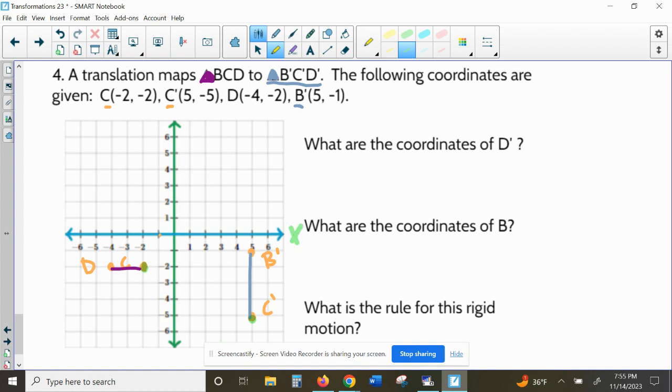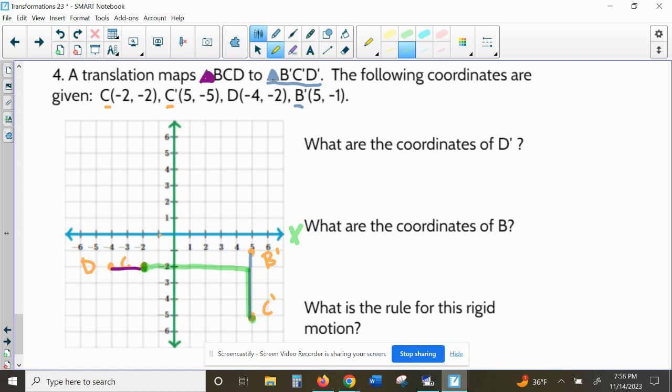Remember, always travel on your x-axis first. So to get from this C right here, I'm going to go 1, 2, 3, 4, 5, 6, 7. So that's a 7 on my x-axis. And then down 1, 2, 3.